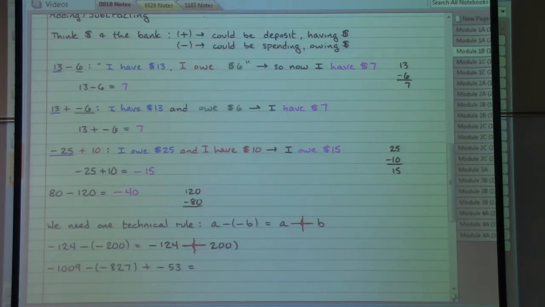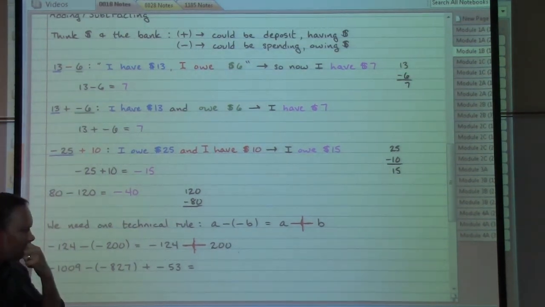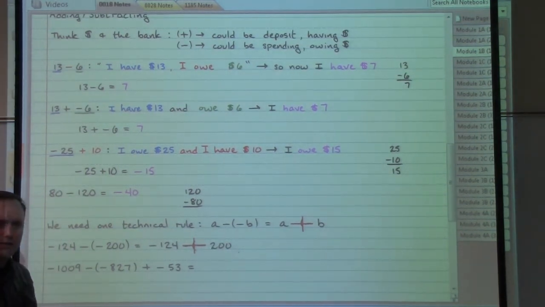And now I no longer need that extra random parenthesis after the number 200, so I go ahead and erase that. And I have a much more direct looking problem to work with.